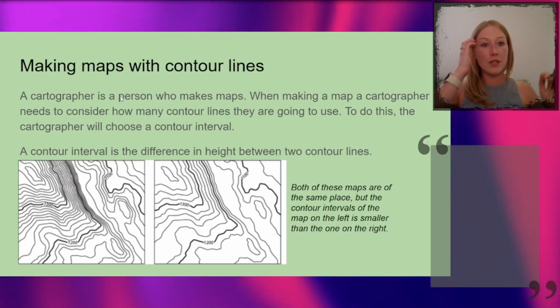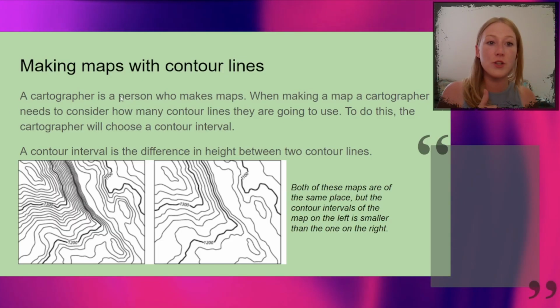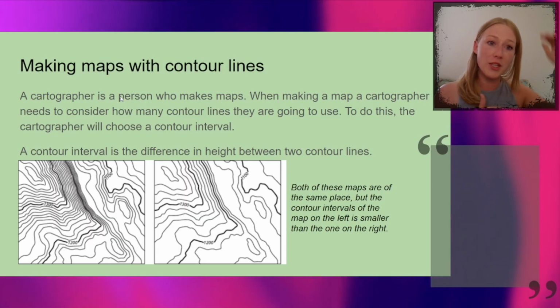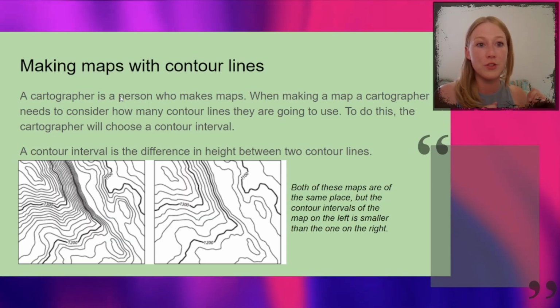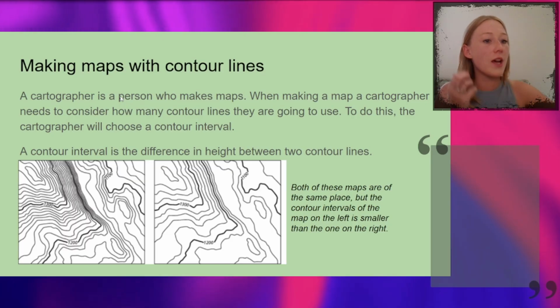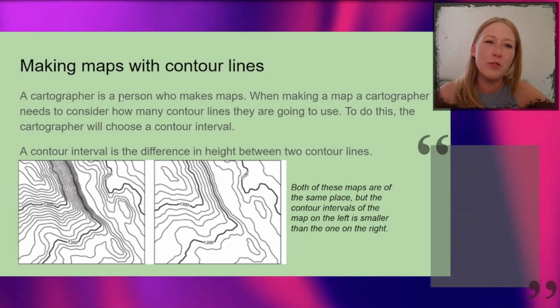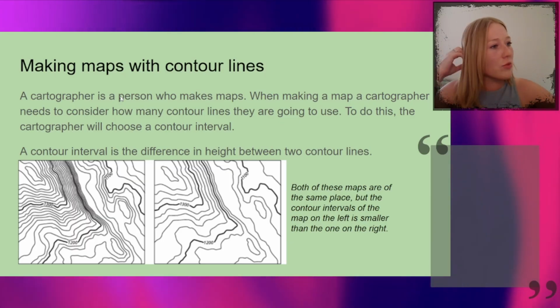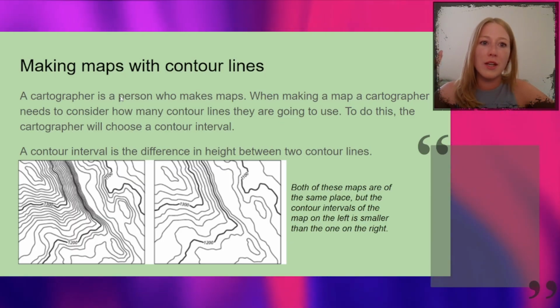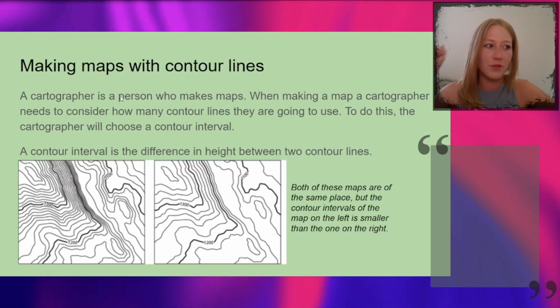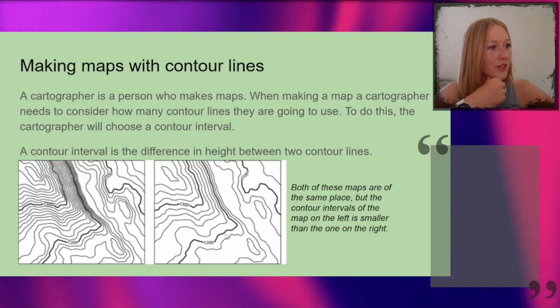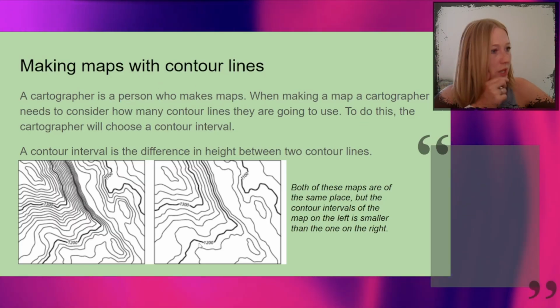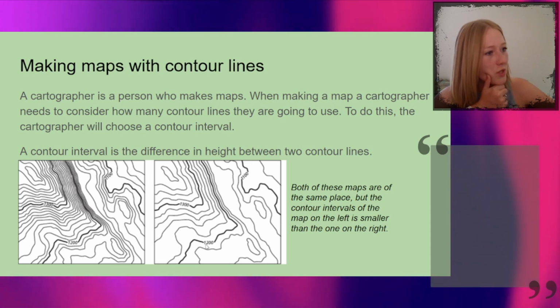If each jump is 100 meters, each interval increases by 100 meters. What type of interval you use usually depends on the landscape. But as a rule of thumb, it's usually about 20-meter intervals. Over here, is this 120?